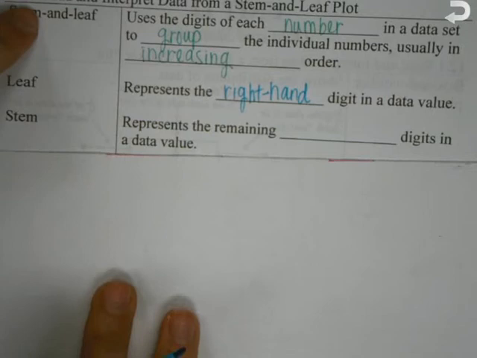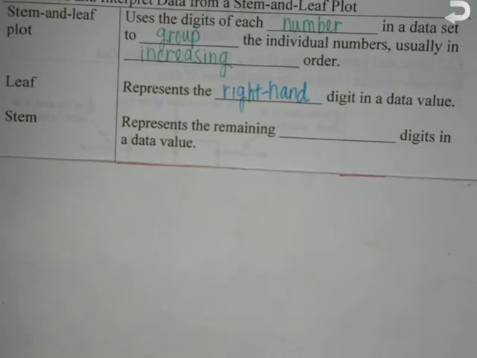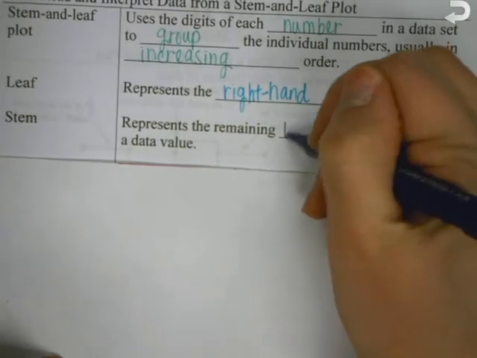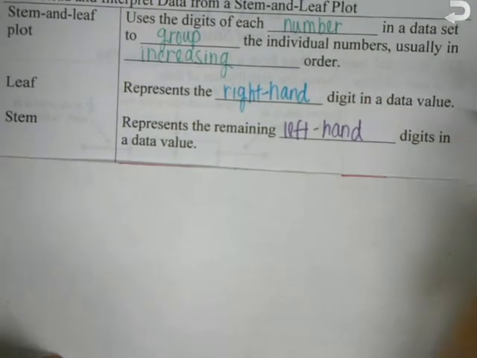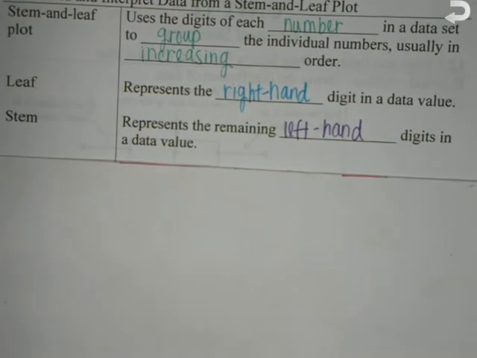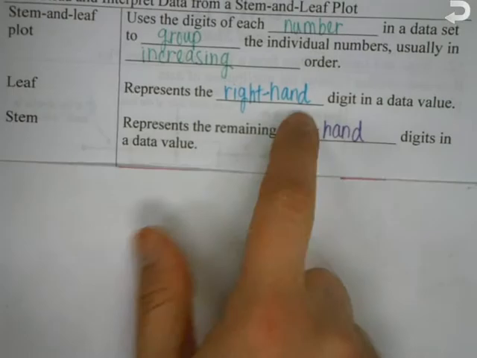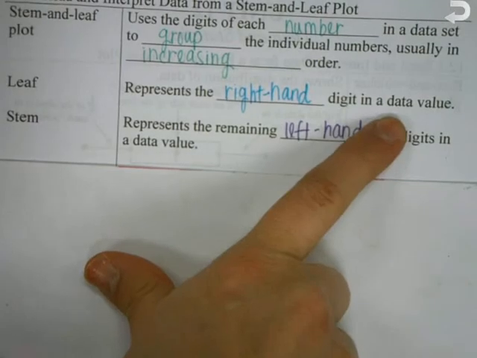The stem represents the remaining left-hand digits. Sometimes your stem might have more than one number in it. So your stem is the tens, the hundreds, the thousands place, but the leaf is always just one digit, the ones place. Does that make sense?